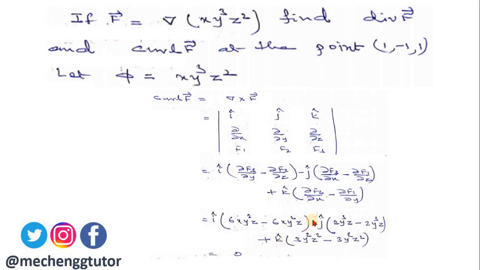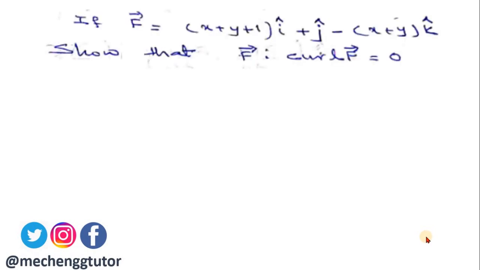Then here k, f2 with respect to x is 3y square z square, and f1 with respect to y will be 3y square z square, and each term is getting cancelled here. Thus curl f is equal to 0. So curl f is 0 means what here? F bar is irrotational.